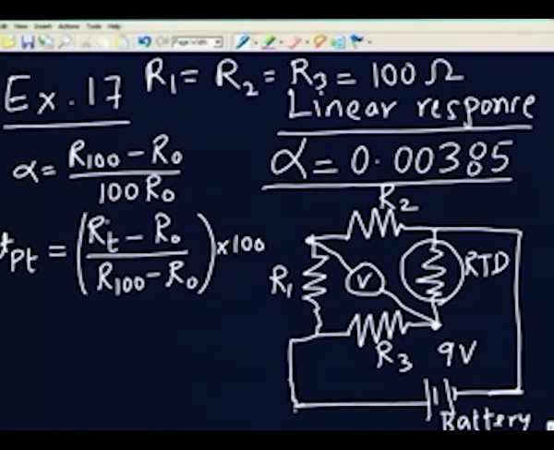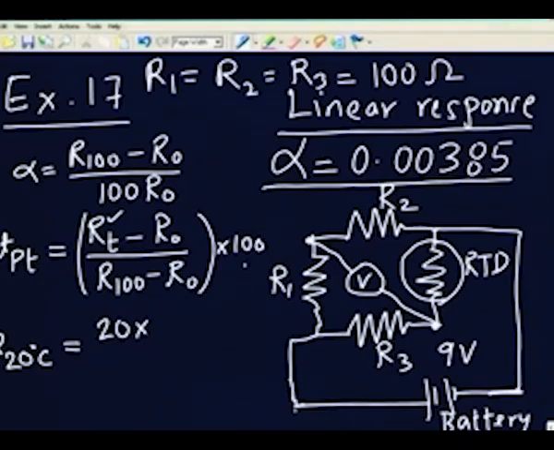Therefore, I can find out the RT at any temperature. For example, I want to find out R at 20 degrees Celsius. I put TPT equal to 20. This will be 20 multiplied by (R100 minus R0) divided by 100.